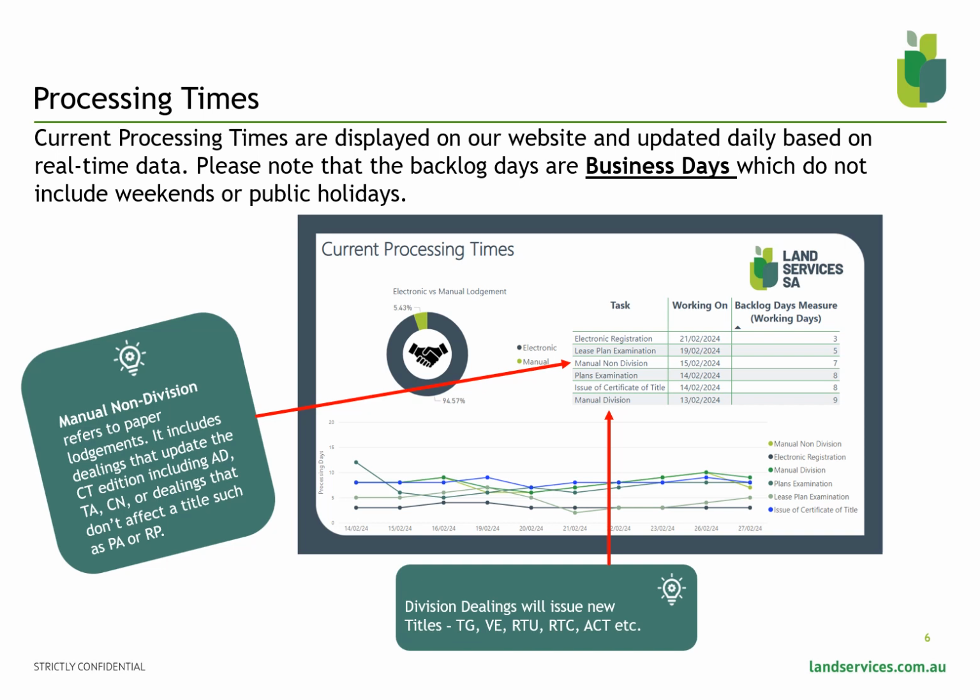In our example from the previous slide, the dealing was assigned to registration, which comes under manual non-division, on the 20th of February. We can now see that the team are working on dealings assigned to them on the 15th of February, which translates to a current backlog of 7 working days.